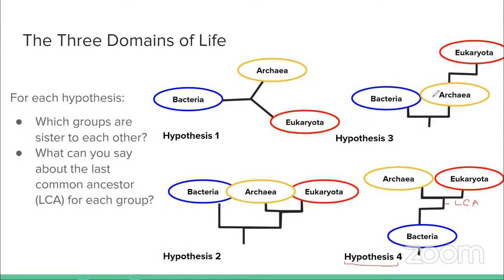So what do we see that's different about hypothesis 3? Yeah. So what we see here is the assumption that we had some organism that was something like bacteria or archaea, not quite either, right?